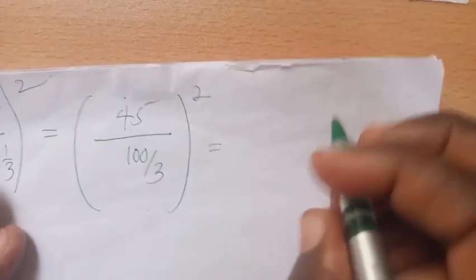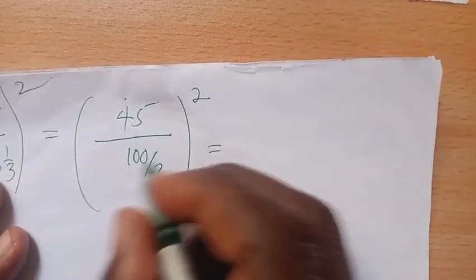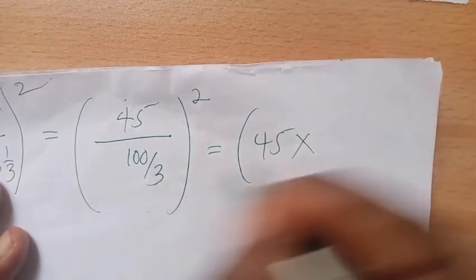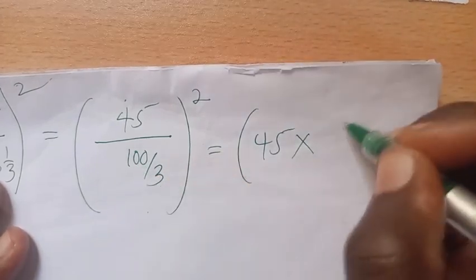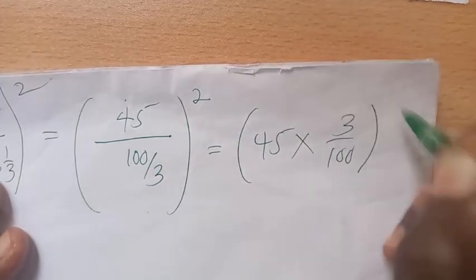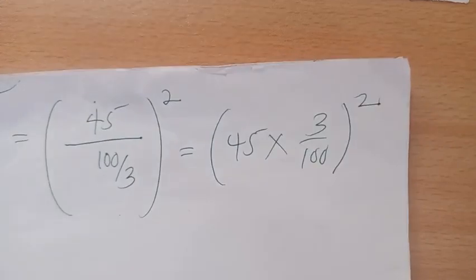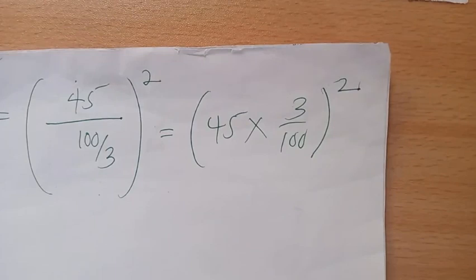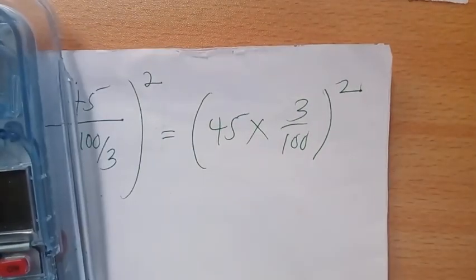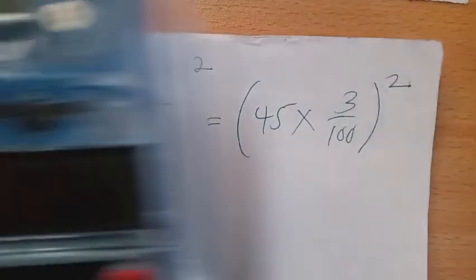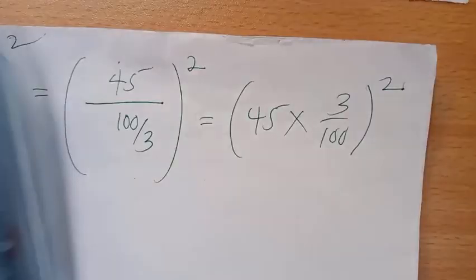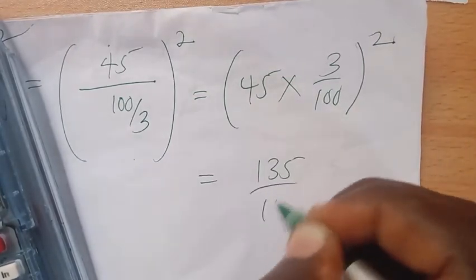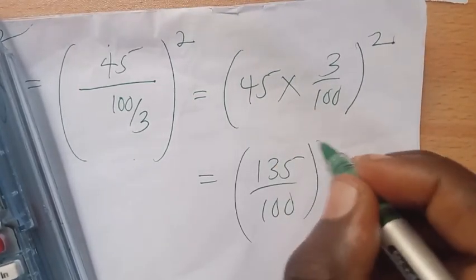I will now multiply by the reciprocal, so open bracket 45 times 3 over 100, and then square. You just multiply 45 by 3, which gives you 135. So this is equal to 135 divided by 100 and everything raised to the power of 2.